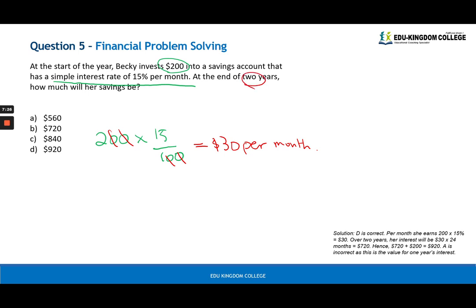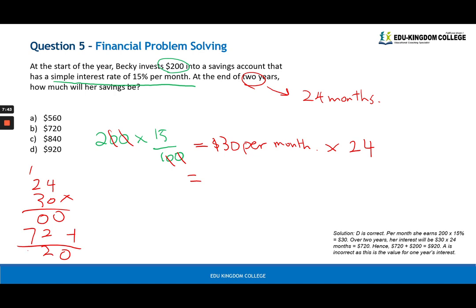Now, she does that for 2 years. 2 years is equal to 24 months, right? 12 plus 12. So you're going to times this by the 24 months. 30 times 24. 720. $720.